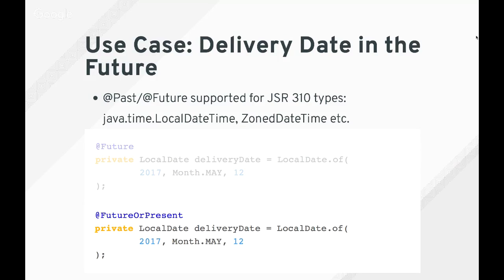So for example, here, this is a LocalDate. So this would be valid if the LocalDate either is in the future or the entire current day, really. Or if it was on a Year, so there's this new type Year, @FutureOrPresent would be valid if it either is a future year or the entire current year. So this is how this works.